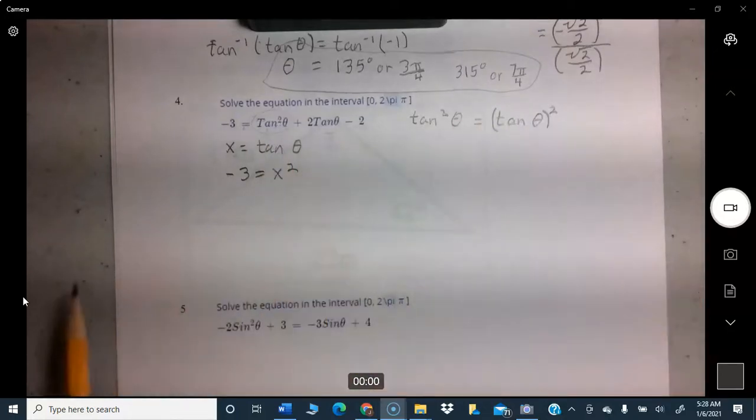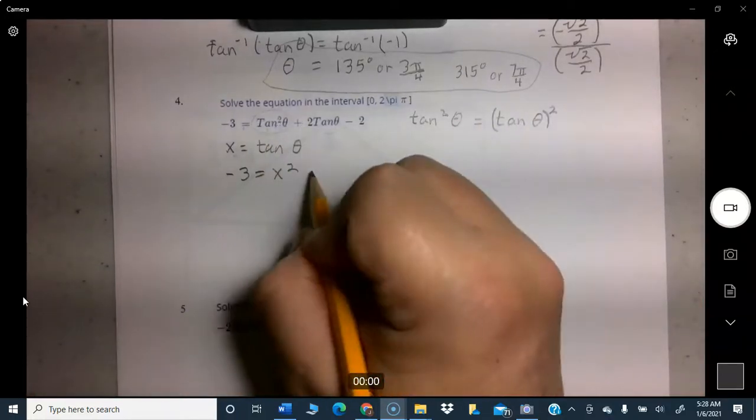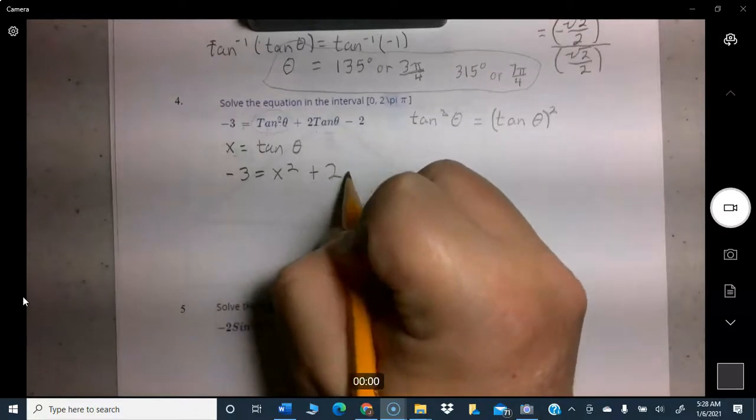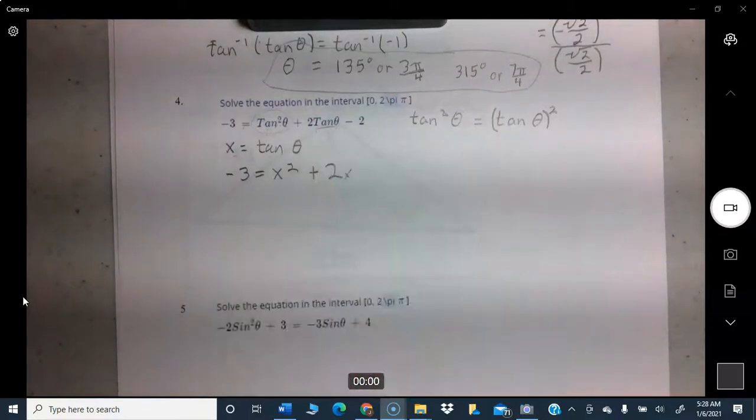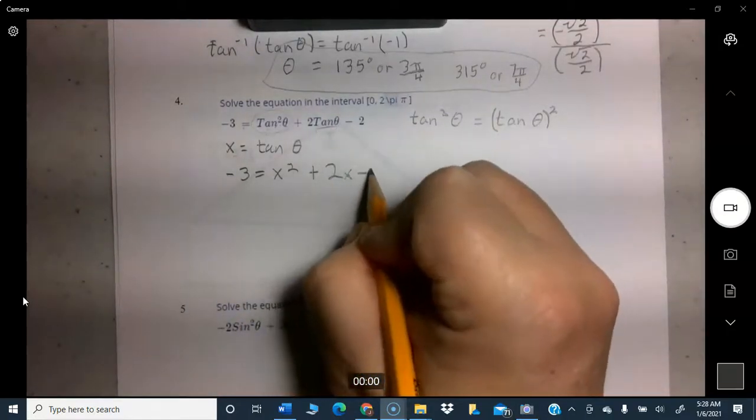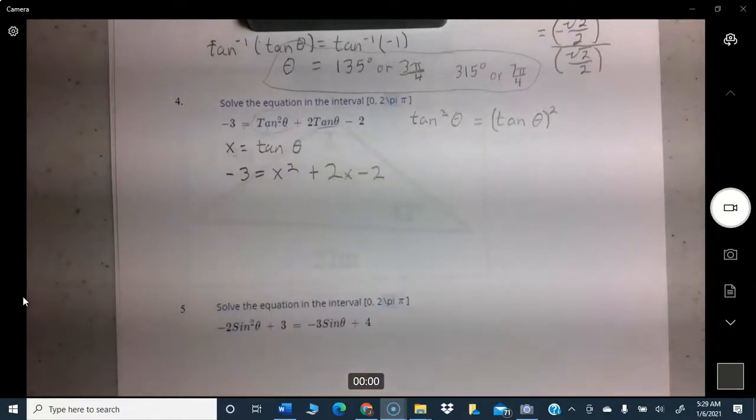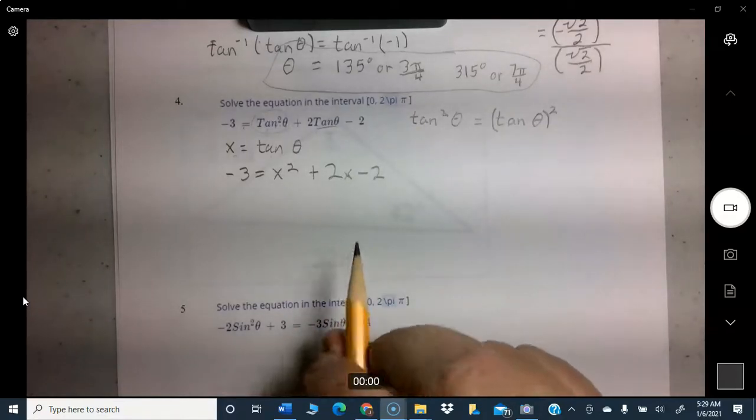Plus 2x, there's your x again, minus 2. So now we're going to rearrange and we're going to turn this into a quadratic. So yeah, we get to do a quadratic from about two months ago or so.